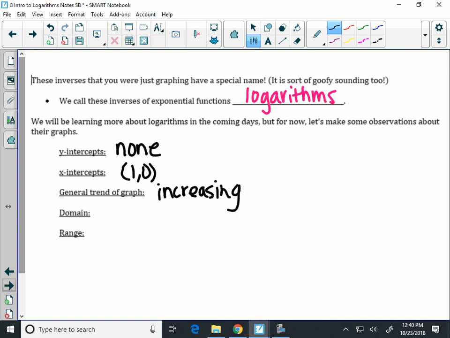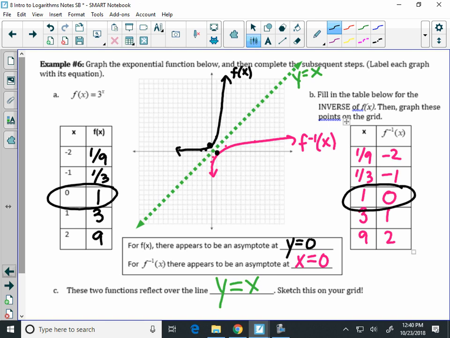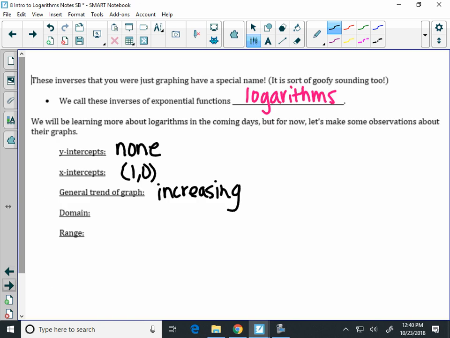All right, let's talk about the domain of these logarithms. How far to the left does this pink graph go? It doesn't go past the y-axis, which is what x value? 0, right? It starts at 0. Would that be a bracket or a parenthesis at 0? A parenthesis, because you can't ever equal 0. We can get really close.